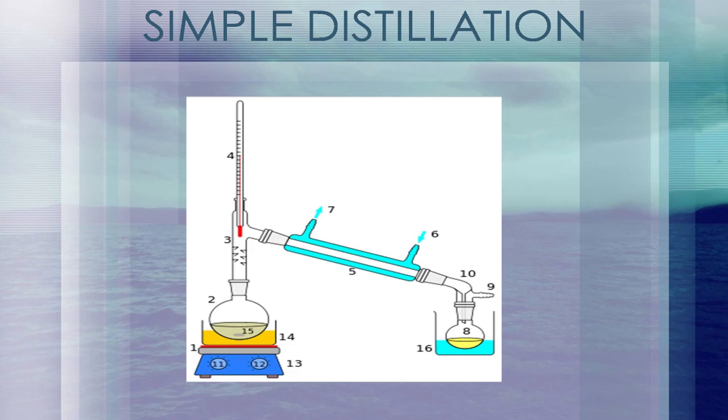The vapor flows through a short Vigreux column 3, then through a Liebig condenser 5, is cooled by water, blue, which circulates through ports 6 and 7. The condensed liquid drips into the receiving flask 8, sitting in a cooling bath, blue 16. The adapter 10 has a connection 9 that may be fitted to a vacuum pump. The components are connected by ground glass joints.